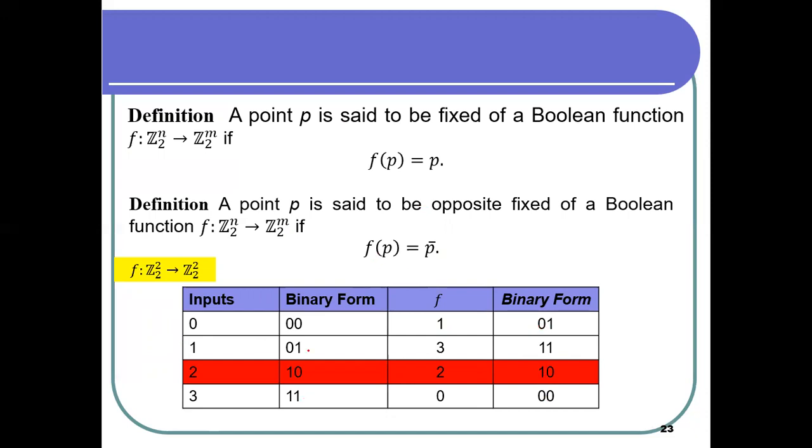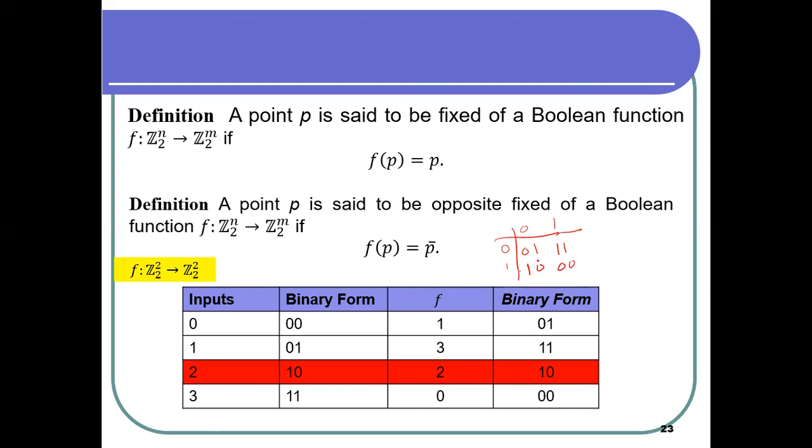If you can see over here, 2 is mapped on 2 under f. Under this transformation, 0 0 is mapped to 0 1, then 0 1 to 1 1, then again you can see 1 0 is mapped on 1 0, and then 1 1 is mapped on 0 0.